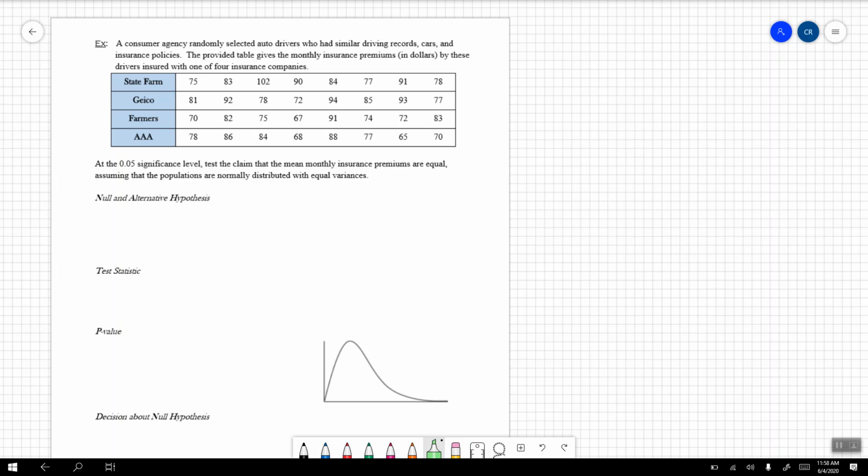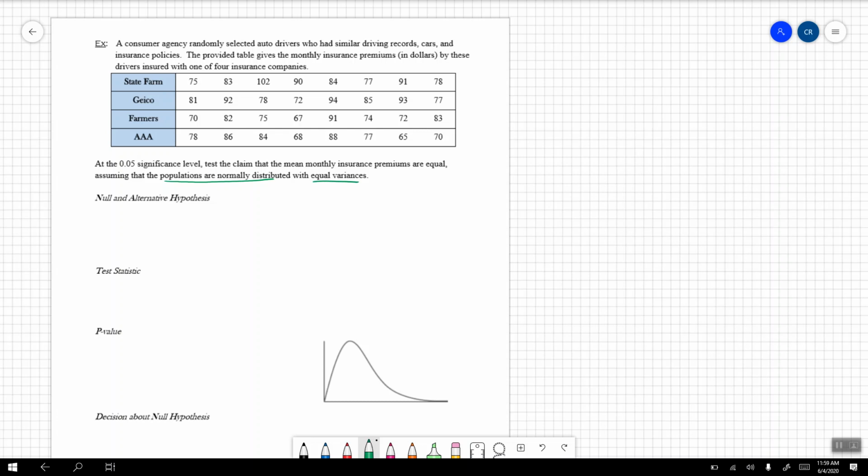So at the 0.05 significance level, so they're giving me an alpha level, we need to test a claim that the mean monthly insurance premiums are equal, assuming their populations are normally distributed with equal variances. So populations are normally distributed. Awesome. That's one condition that we were looking for. Population variances are all equal.